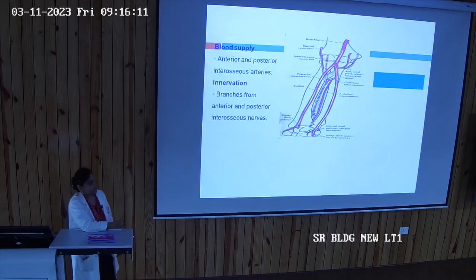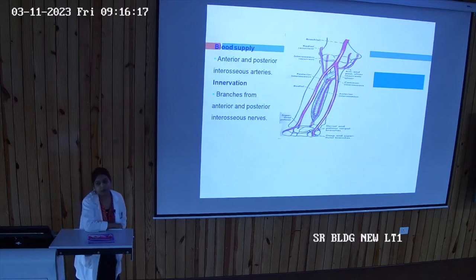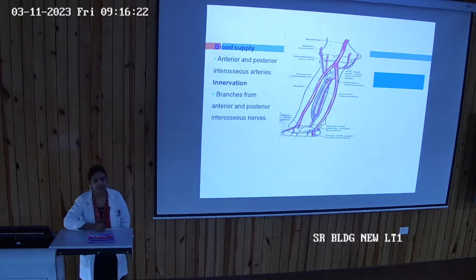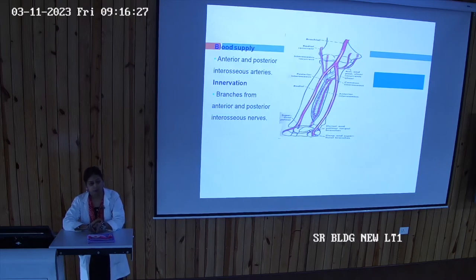Now, what are the blood supply and nerve supply? The anterior interosseous and posterior interosseous vessels and nerves actually supply this joint. Now, let me ask you a question. The anterior interosseous and posterior interosseous vessels are branches of which vessel? These come from the common interosseous artery, and the common interosseous artery comes from the ulnar artery.